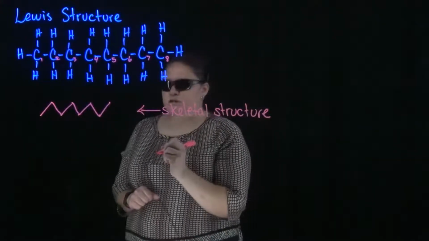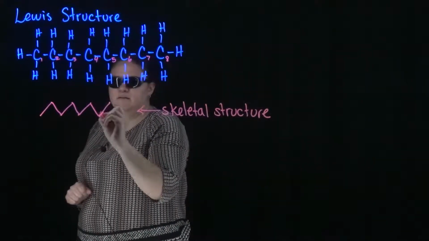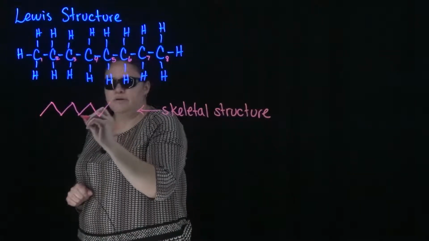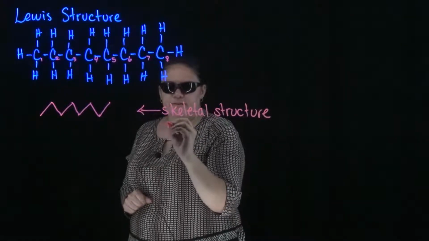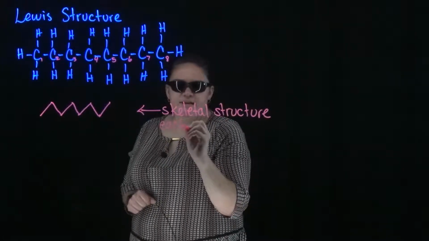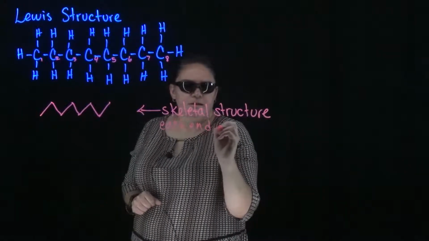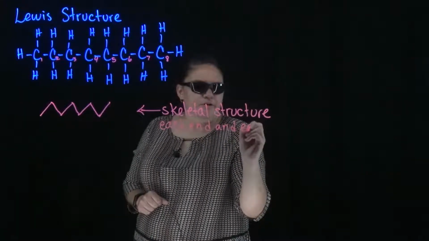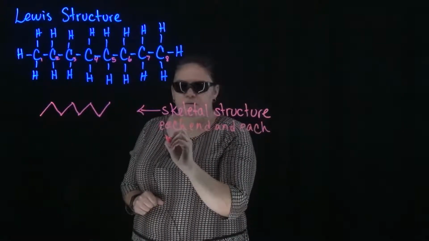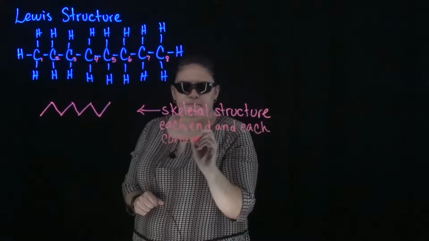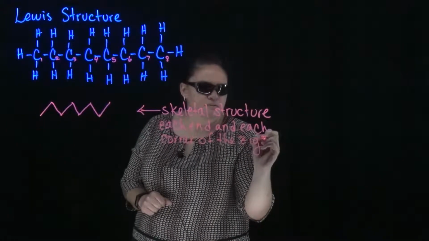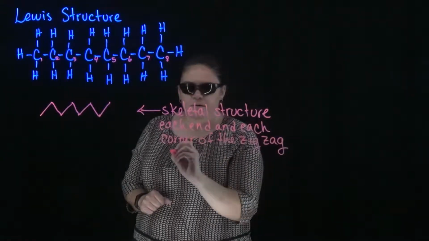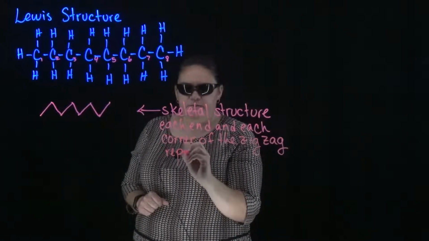The skeletal structure has 1 dot, so each end and each corner of the zigzag line represents 1 carbon.